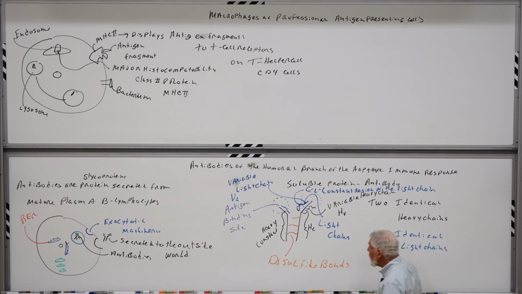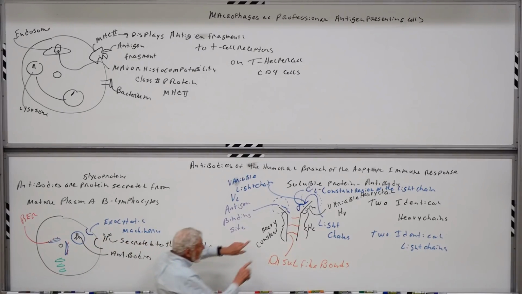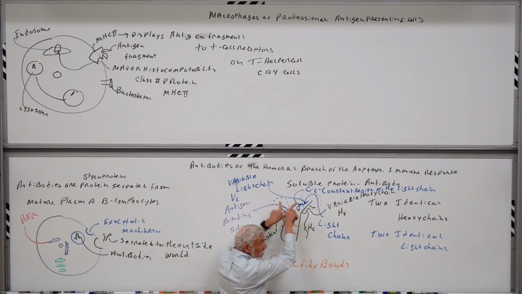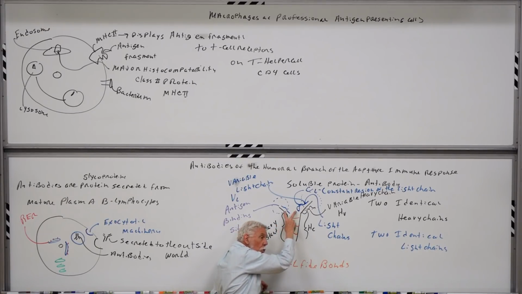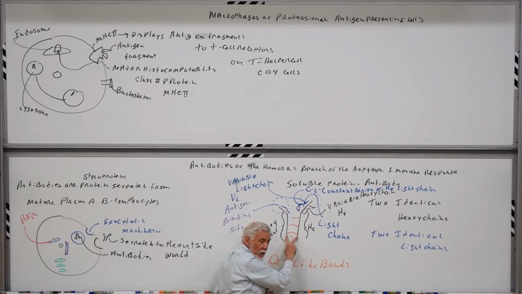So, to review, every antibody is composed of two chains that are identical to one another, the two heavy chains and the two light chains. All total, there are four chains, two light chains, two heavy chains. The two light chains are identical to one another, the two heavy chains are identical to one another.